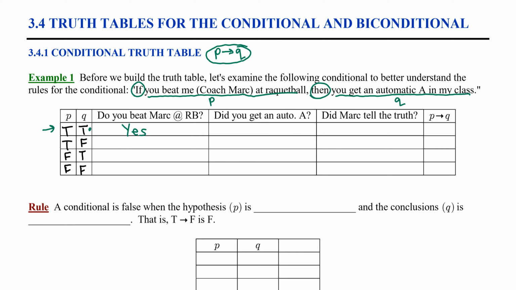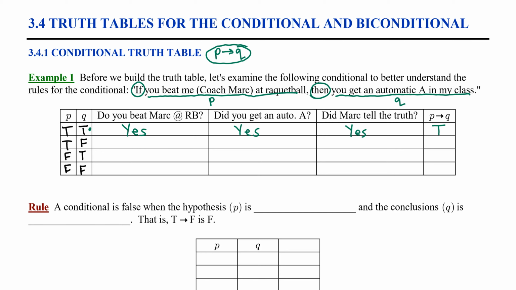Looking at row 1, if Q is true, then yes, you got an automatic A. So here's reality. You beat Mark at a game of racquetball, and he awards you an automatic A. Was the conditional in his syllabus true? If you beat me, then you get an automatic A. Yes, he told the truth. Therefore, the conditional, if P, then Q, is true.